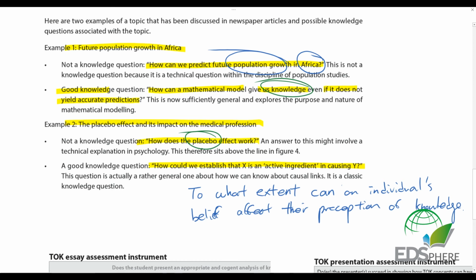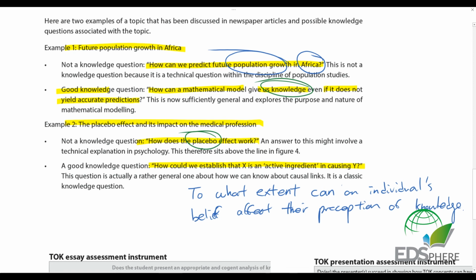For example, if you're religious, if your belief is that, for example, God exists, then it's going to affect your perception of what knowledge is. It's going to affect how you view the world. Maybe when you're really, really sad, you could see it as a challenge given by God to test you. That's an approach. You can also use the scientist approach.